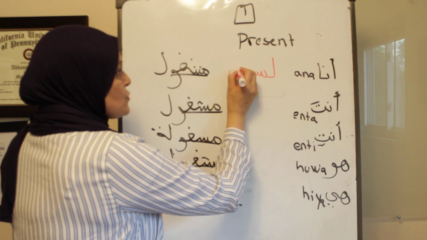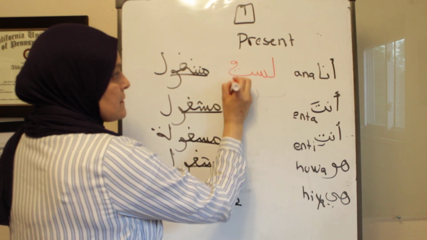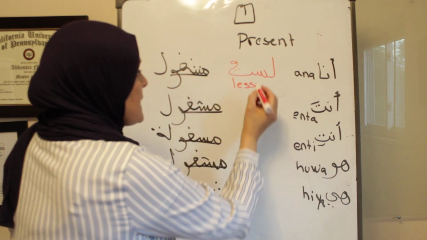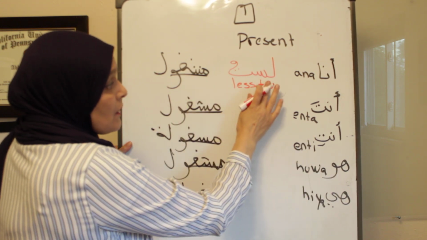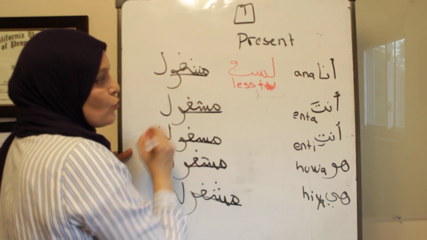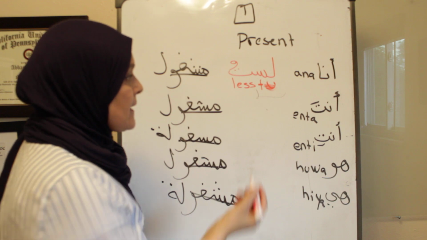لست. If you want to see how to pronounce it, it is less and to. Less to, or you can do it with the U or with the O. لست مشغول. I am not busy.